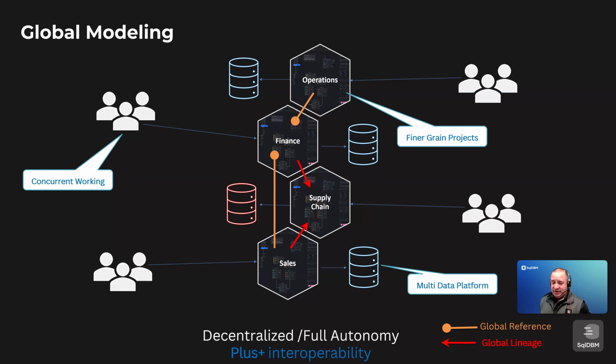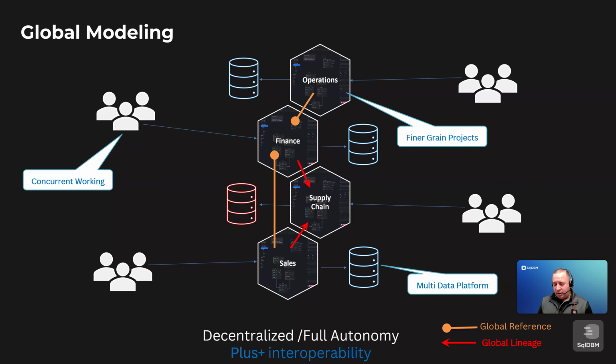Each of these different domains could have different technology data platforms. They could all be doing agile and having multiple squads and multiple modelers or engineers who need to be working on the model, but at the same time having to leverage data products or data structures that are owned by other domains within the organization.